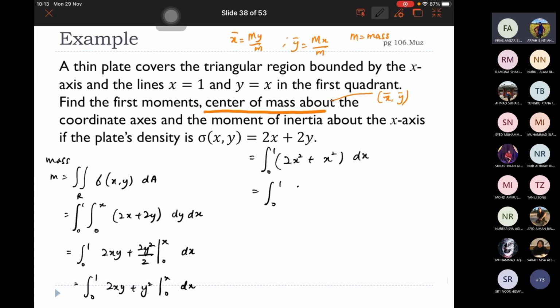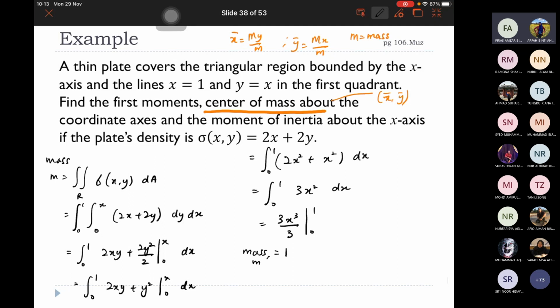So 0 sampai 1, 3x kuasa 2 dx. So you get 3x cube over 3, 0 until 1. So dapat jawapan dia sama dengan 1. So dia punya mass M sama dengan 1.